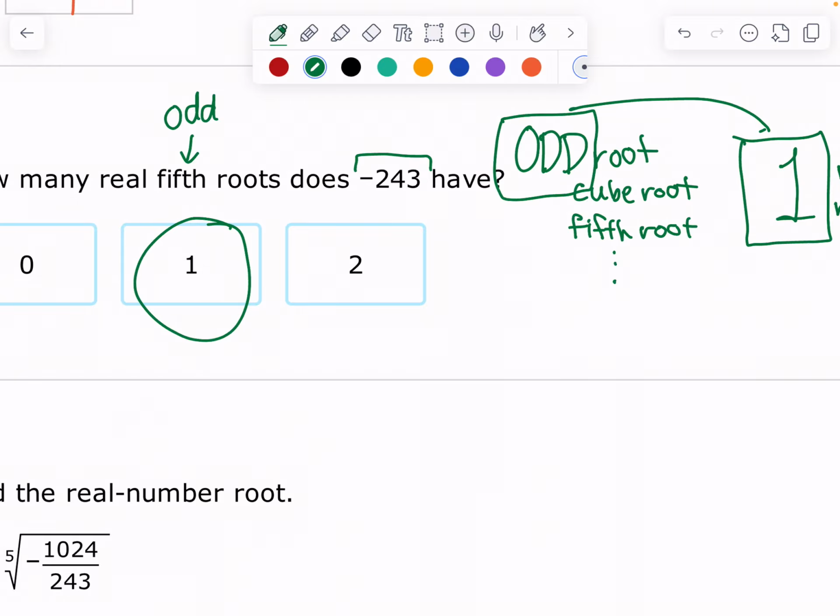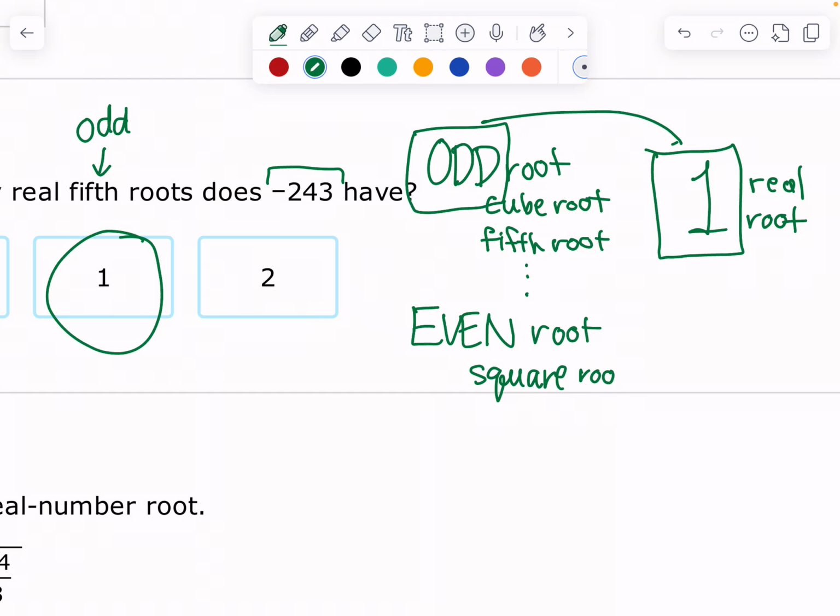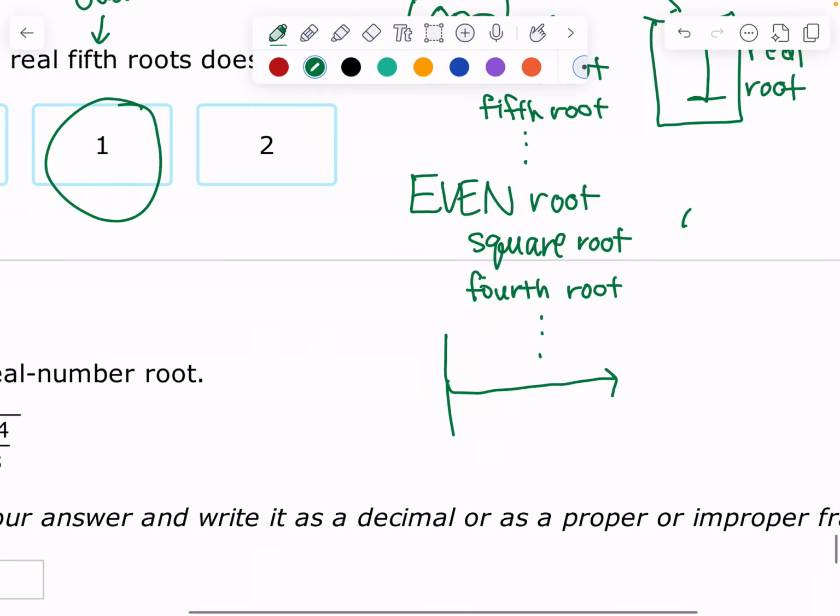While we're here, just so that they're together, because I think it makes sense to have them together, if it is an even root, the root is even. So that might be square root or 4th root, like 2, 4, 6, 8, right? Even root, or so on. Then there's going to be 2 situations. So there's two possibilities. One of them is if it's a positive number.